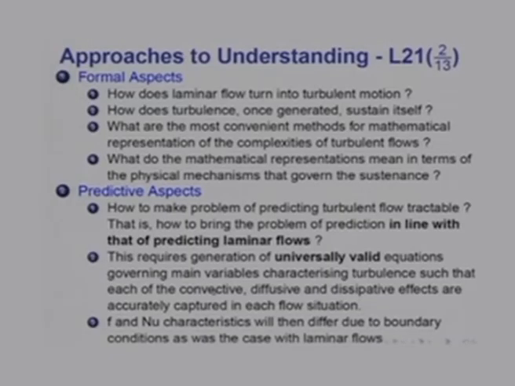The problem of predicting would then be brought down to the same footing as the problem of predicting laminar flow. Engineers are very eager to find equations from physicists and fundamental scientists who would give them universally valid equations of turbulent flows, which they can then readily apply. Even if it was necessary to apply computers, they would do so and obtain solutions for friction factor and Nusselt number.